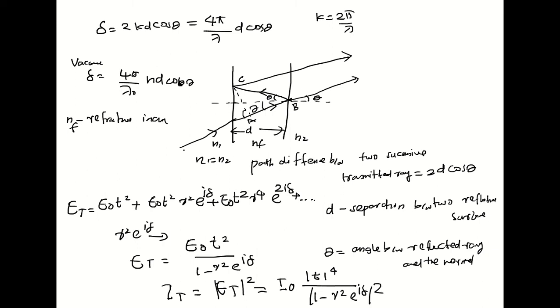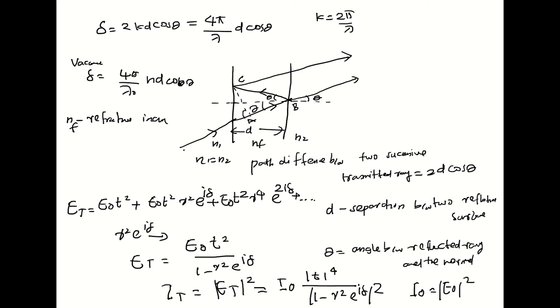This t raised to 4 comes because the amplitude is E0 t square, right? We represent I0 equal to E0 square. Okay, so that is I0.